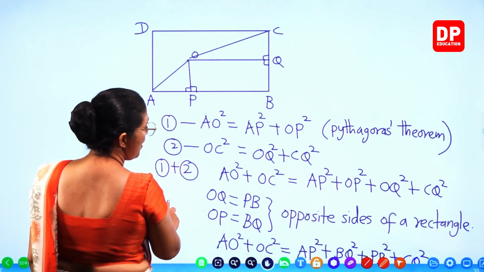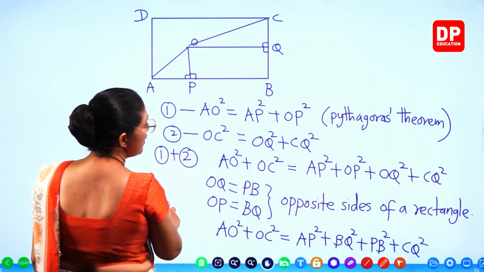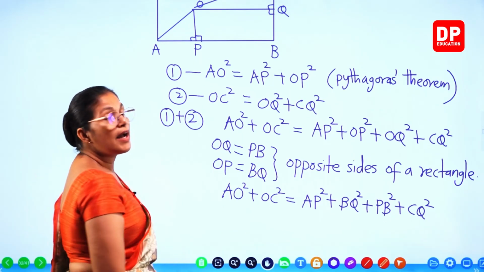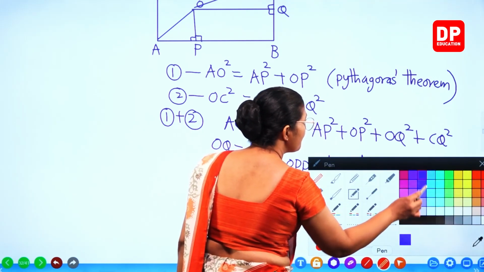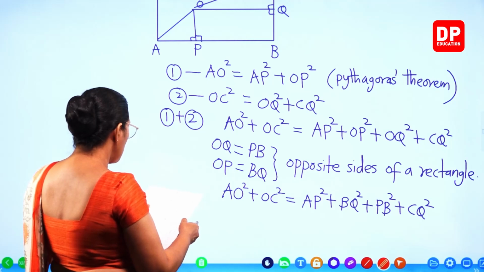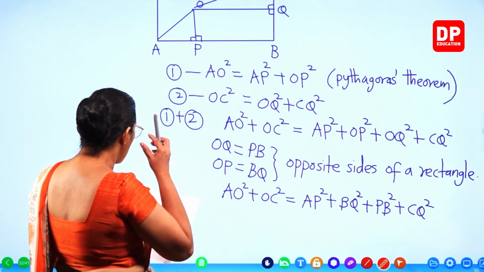AP squared is there. PB squared is there. BQ squared and CQ squared. So that's the final answer. So how many marks? For this part, you are getting 2 marks.